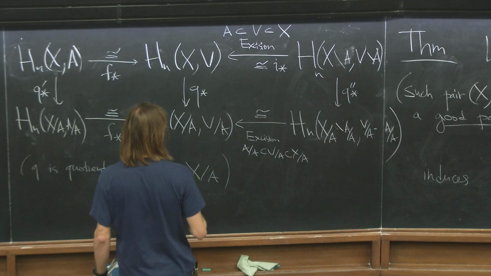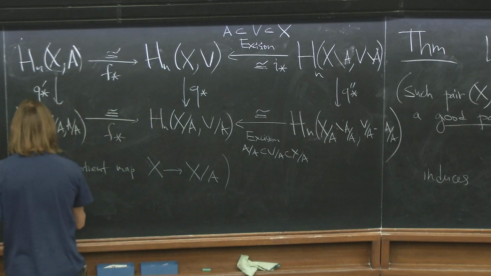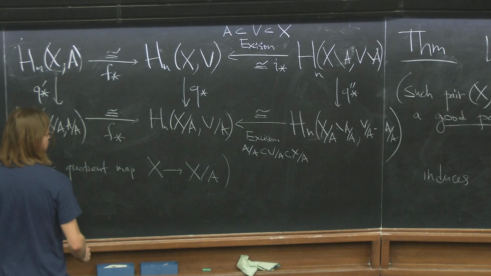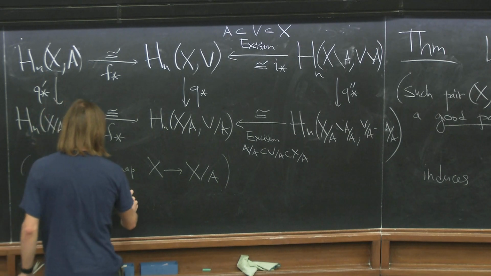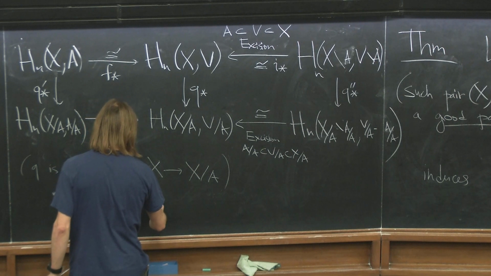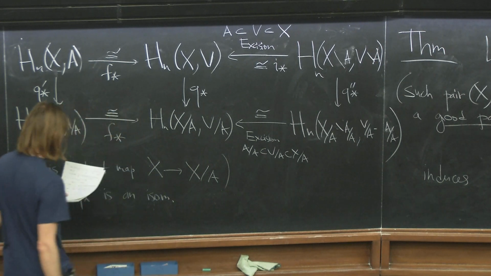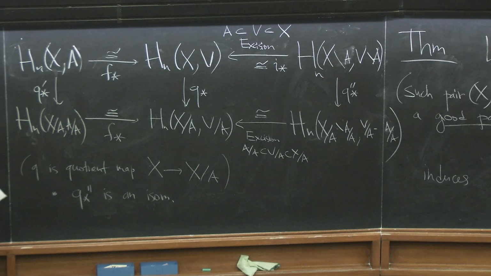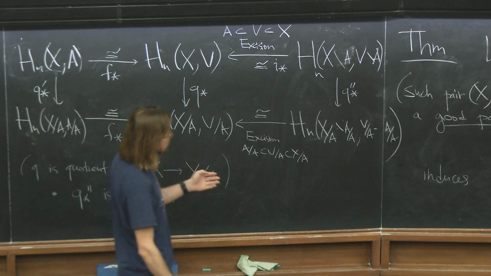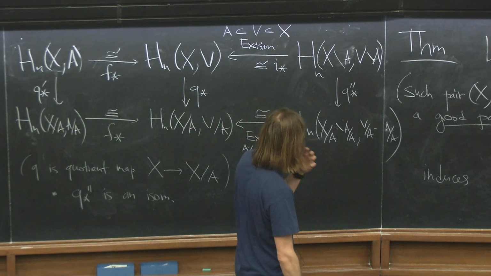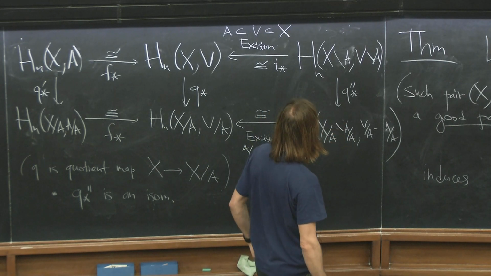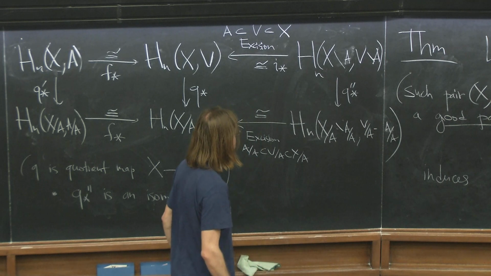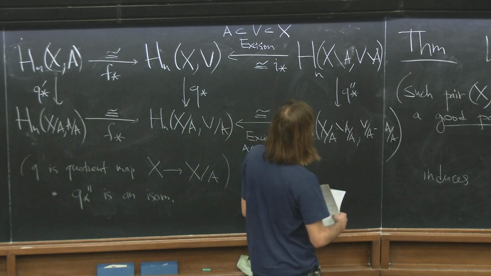So let me first make the following observation, that this Q star double prime is an isomorphism. Well, actually not just an isomorphism, it's the identity, because you can see that what you do here is actually nothing.